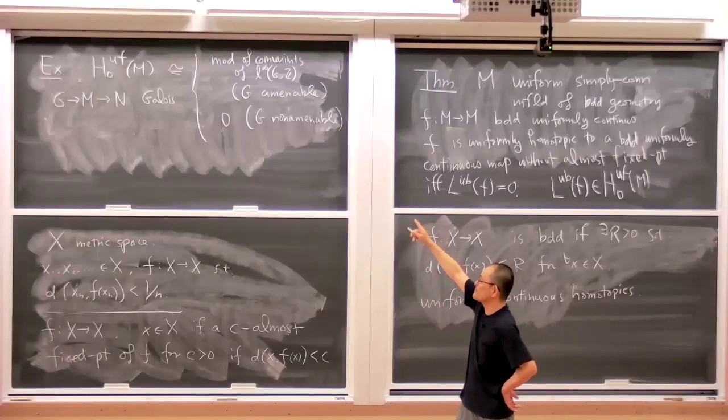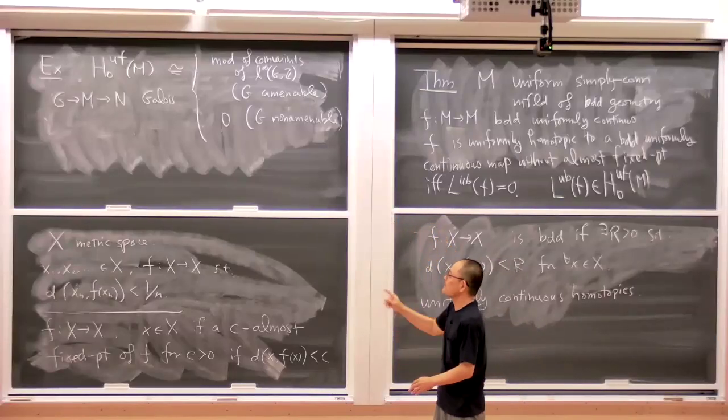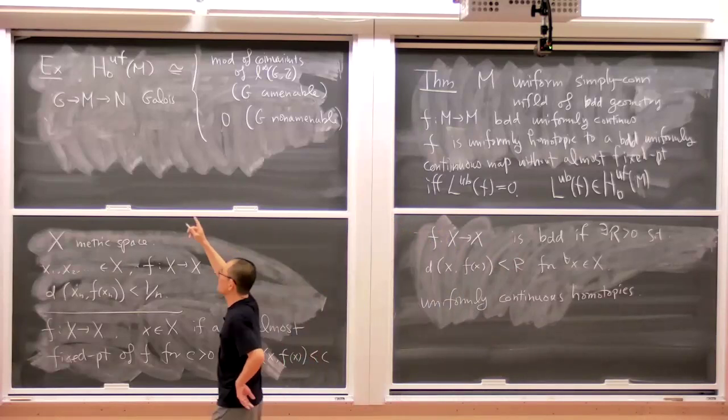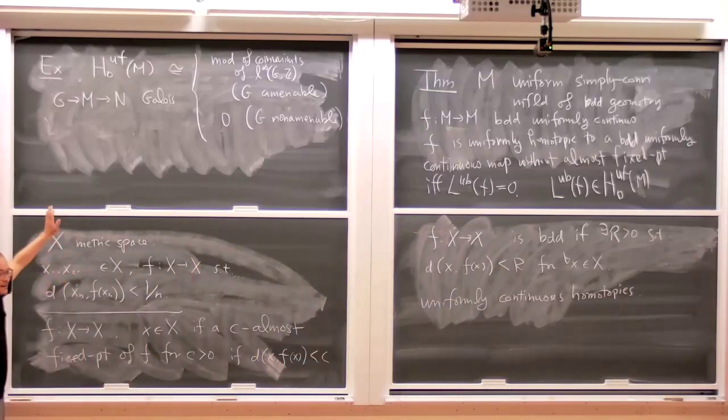You mean that M doesn't appear in it? Exactly. That's a very nice question. Uniformly finite homology is actually a quasi-isometry invariant, and G and M are quasi-isometric in this case. So these are the same.